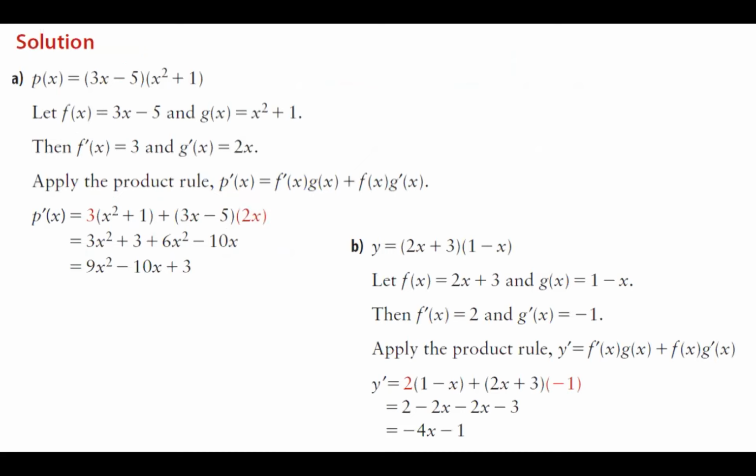Okay, first, note here, p(x) is the product of two functions, right? According to the product rule, the derivative of the product of two functions equals the derivative of the first function times the second function, plus the first function times the derivative of the second function.